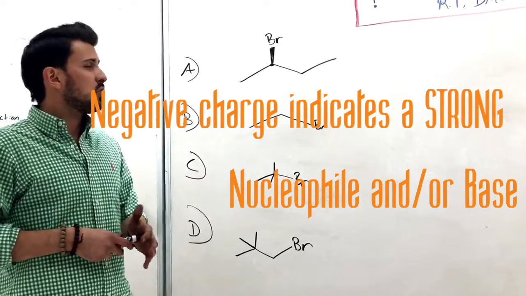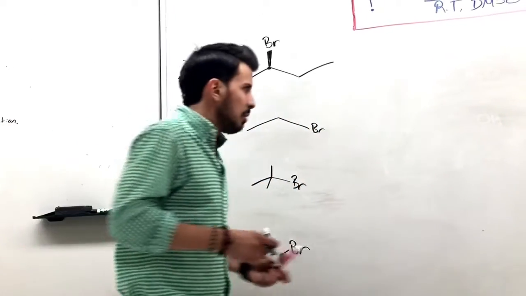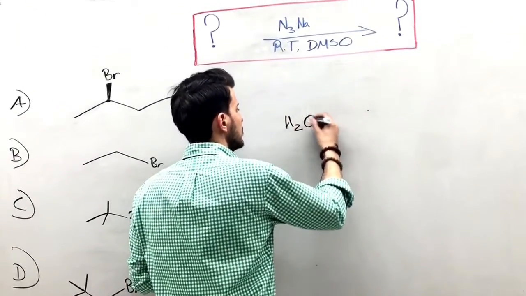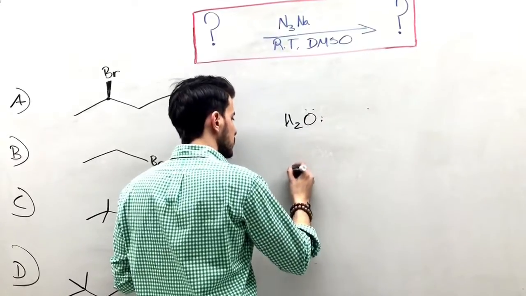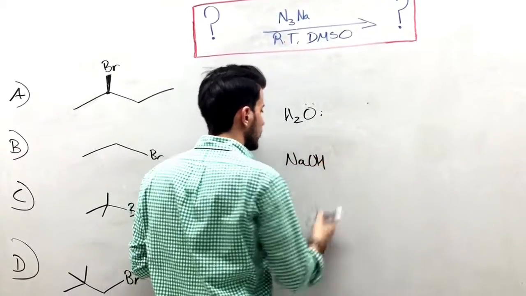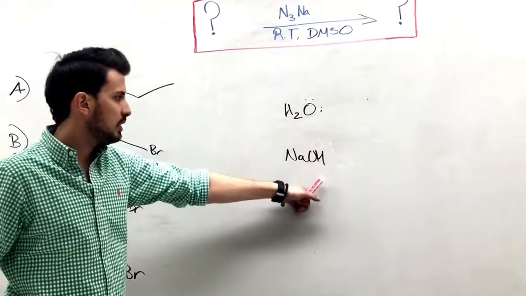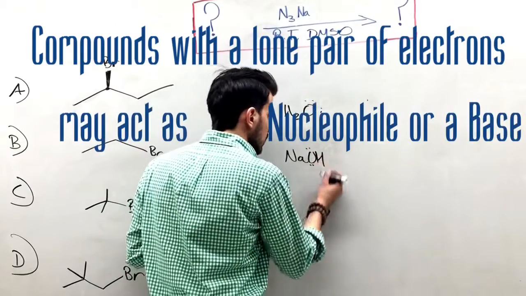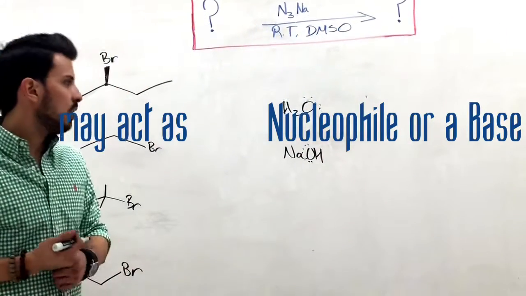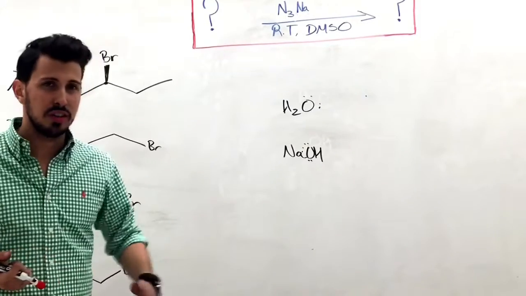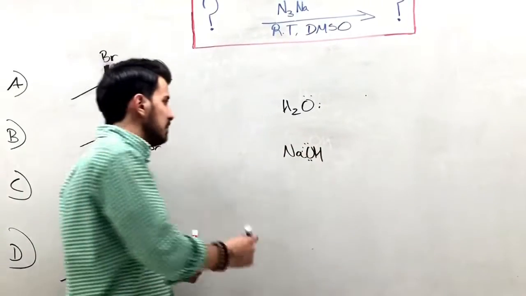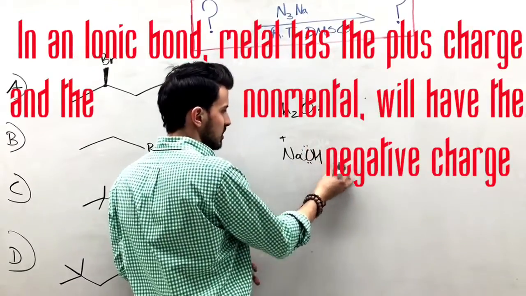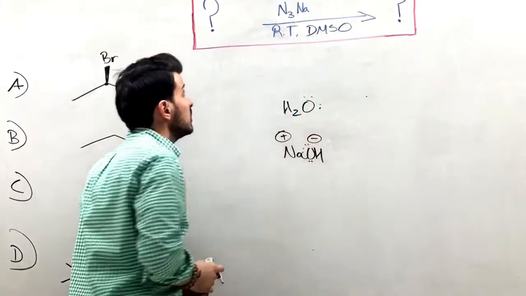So first of all, what's a nucleophile? It's any compound that has at least a lone pair. So if we were to compare, say, water versus sodium hydroxide, both of these can potentially act as nucleophiles because we have lone pairs here, right? But you should know, without designating formal charges, if you have a metal and a non-metal, the metal will have a plus charge, and whatever this compound is, in this case hydroxide, will have the minus charge.